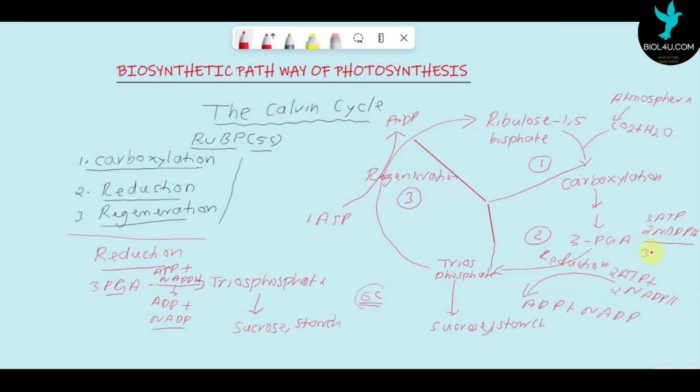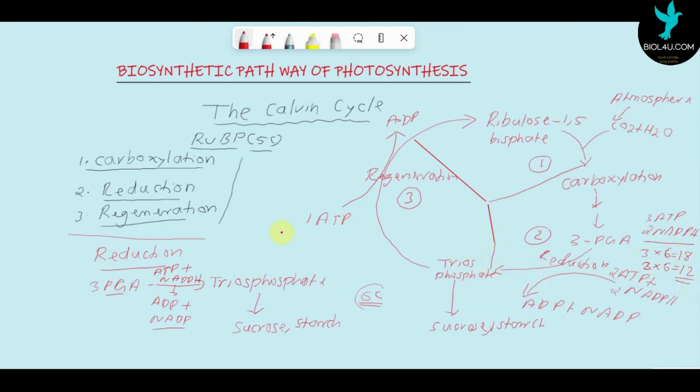It is very easy: 3 into 6 for ATP, and 2 into 6 for NADPH. So the total is 18 ATP, and 12 NADPH are required to synthesize 1 molecule of glucose.